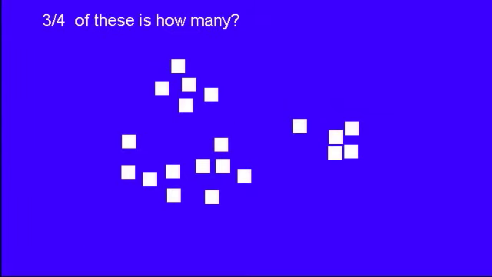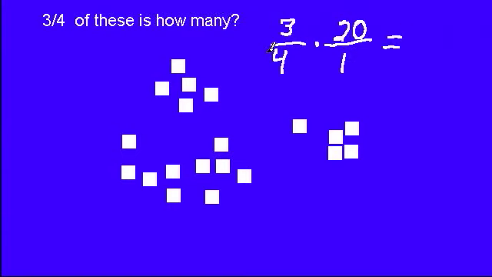You can also do fraction multiplication with whole numbers. So, for example, 3/4 of these is how many? So you're taking parts of a whole number, parts of a group. So 3/4 times, what's this, 5, 10, 15, 20. So 3/4 of 20. So you can just put the whole number over 1.